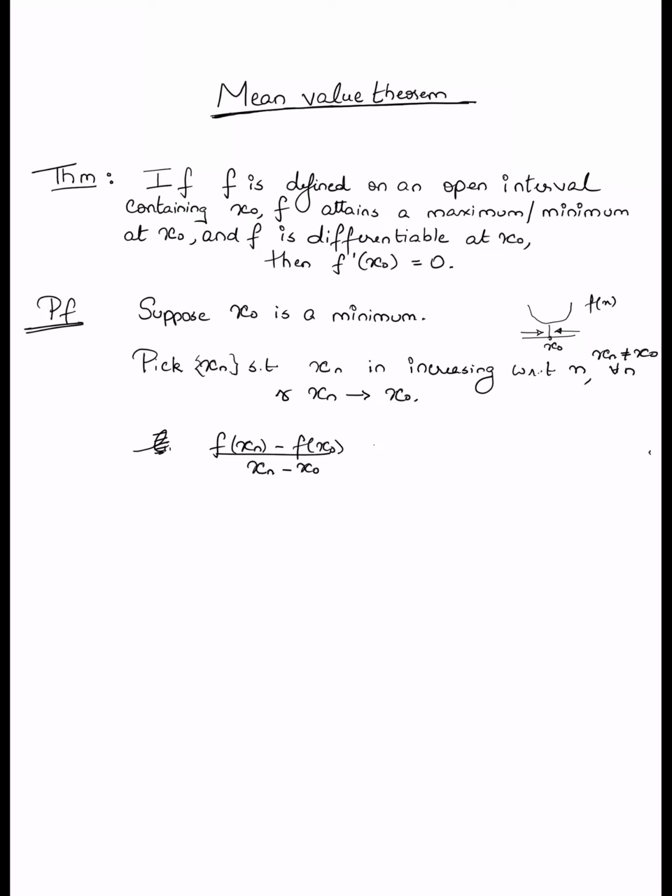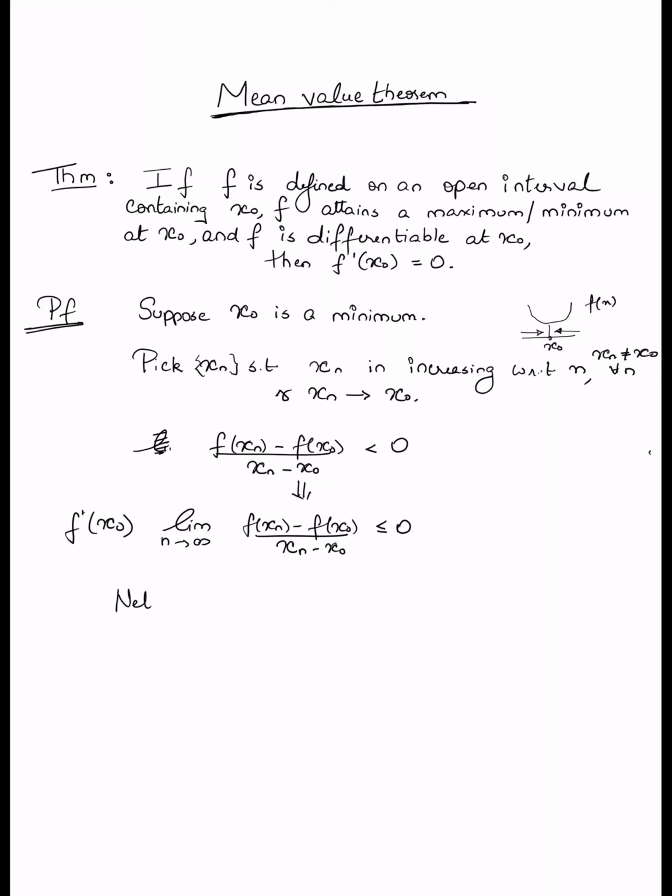That implies that this must be less than 0, which implies that the limit of this, because of differentiability, is exactly f prime x naught. Since it is the limit of a negative sequence, the value of the limit must be less than or equal to 0. Next, similarly, I'm going to now pick a sequence xn which is decreasing.